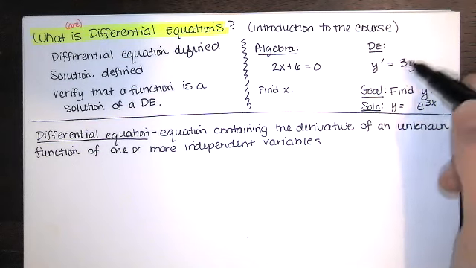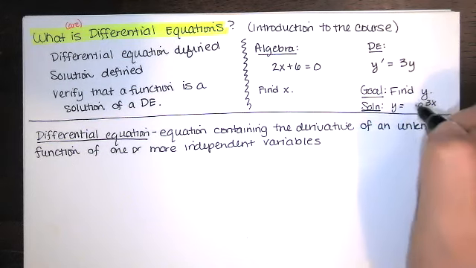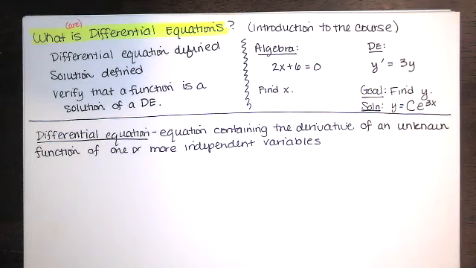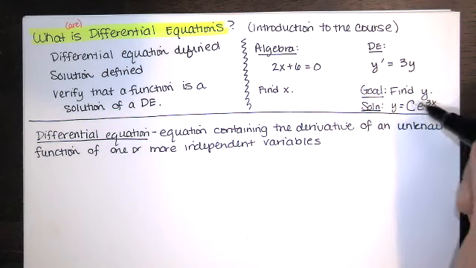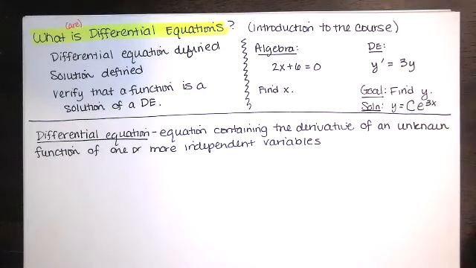So that's 3 times the original function. Or if I take this function and I multiply by a constant, I still get 3 times the original function. What's the derivative of a constant times e to the 3x? It's that constant times e to the 3x times the derivative of the insides, times that 3. So this satisfies the differential equation. So that's one example of a solution of a differential equation.